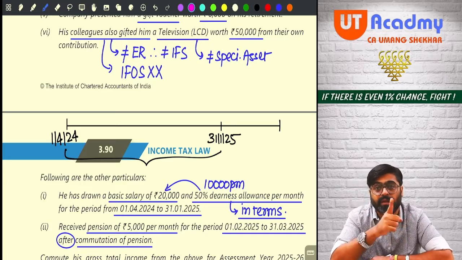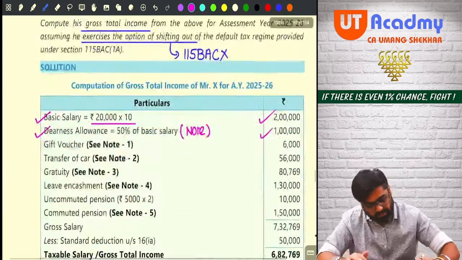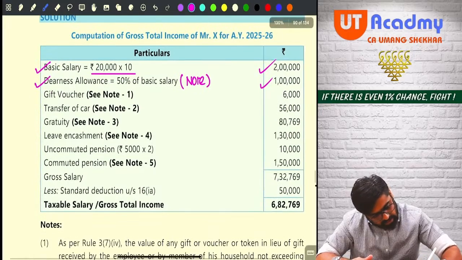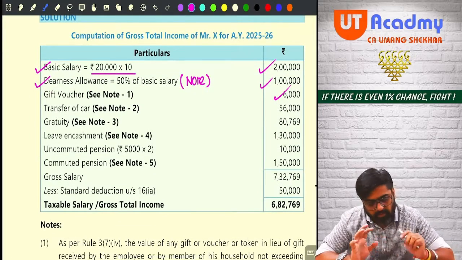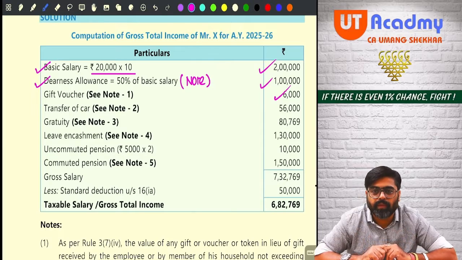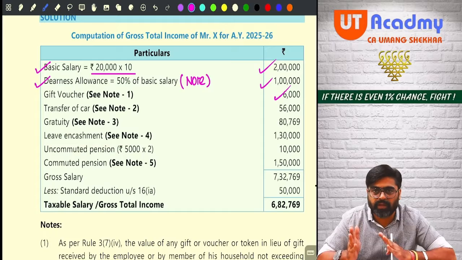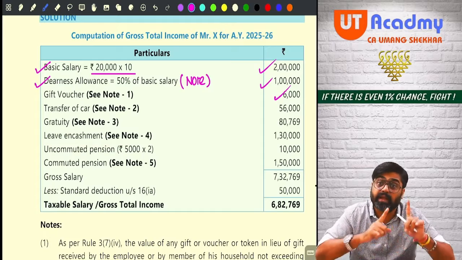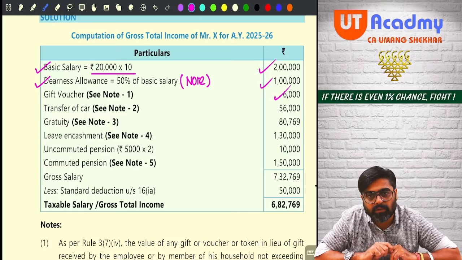The value is more than 5,000, so the entire 6,000 will be taxable. Here we will write a note: alternatively, since the amount of gift in kind is more than 5,000, we have taxed the gift entirely. Alternatively, the excess amount can also be taxed.